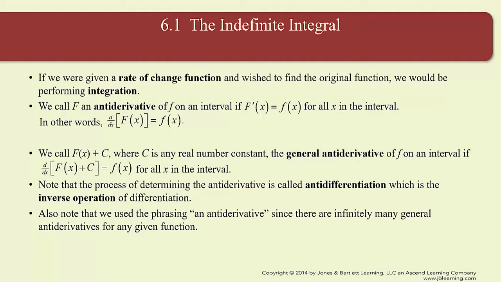It could be x squared plus 4. It could be x squared plus 3. It could be x squared minus 5. It could be x squared minus 18. All of those functions I just mentioned, if you were to differentiate them, you would get a derivative of 2x.